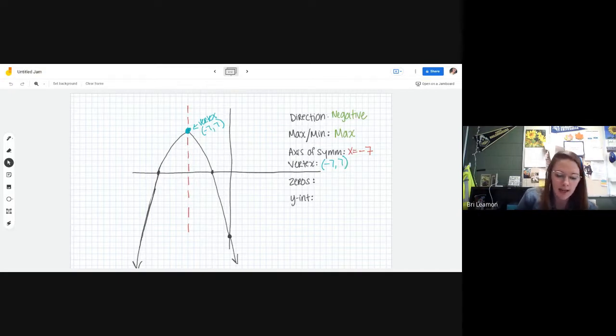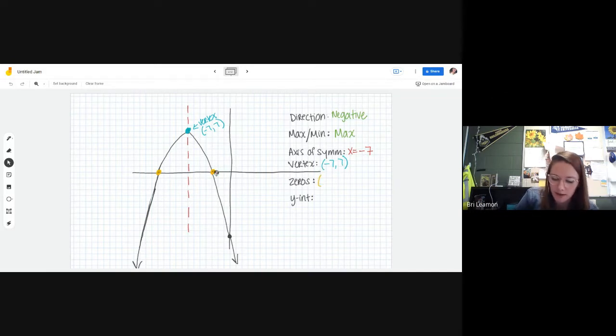Now our next point here is our zeros. So we're looking at our zeros, our roots, our solutions, or our x-intercepts. So we're seeing where we cross the x-axis. So we cross the x-axis in 2 points here. We also are going to write these as ordered pairs. So here are our zeros. We can say we have negative 1, 2, 3.